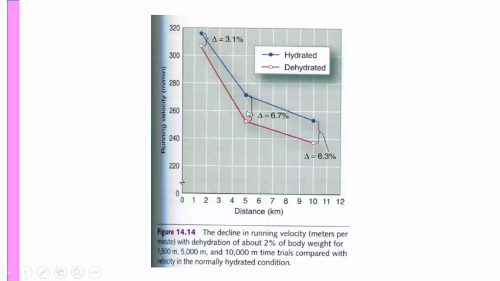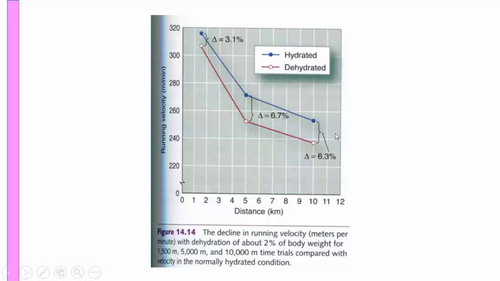And then if we go to a longer race, so now we're running a 5K, when they're dehydrated, they have decreased their running velocity by about 6.7% in comparison to when they were hydrated. And then if we increase the distance even more, now we're running a 10K.